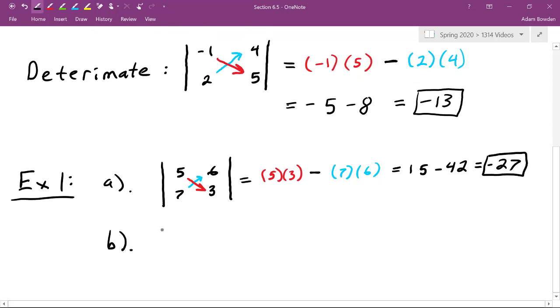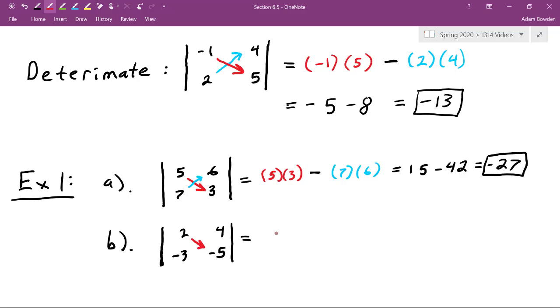So let's try another one. 2, 4 in the first row, negative 3, negative 5 in the second row. And if you'd like to practice this on your own, go ahead and pause the video, and in a few seconds I'll come back and work it through. So the first two numbers that I'll multiply together are 2 and negative 5.